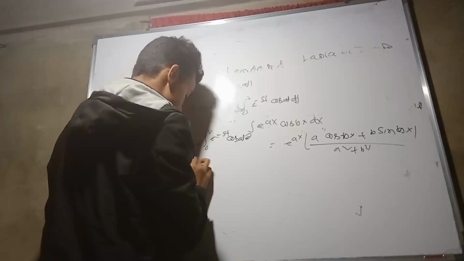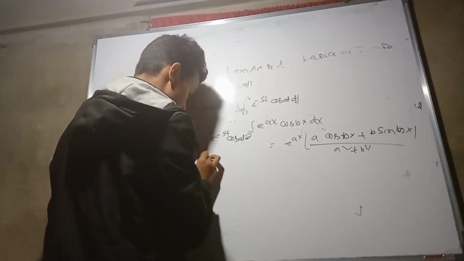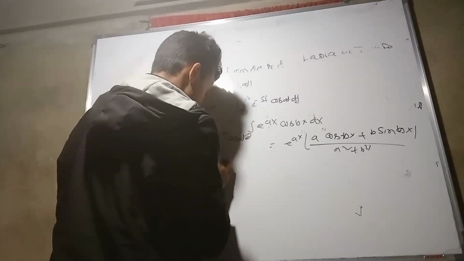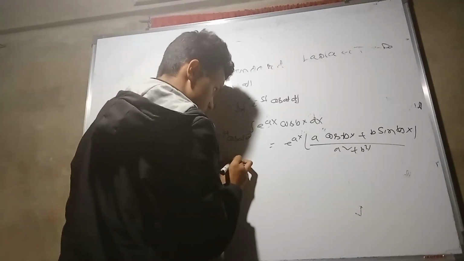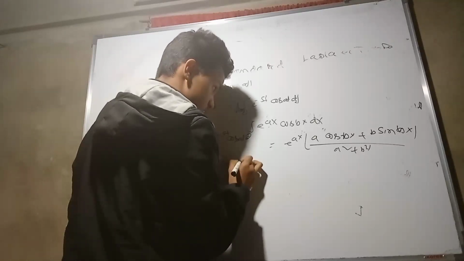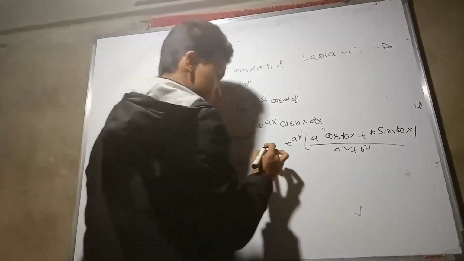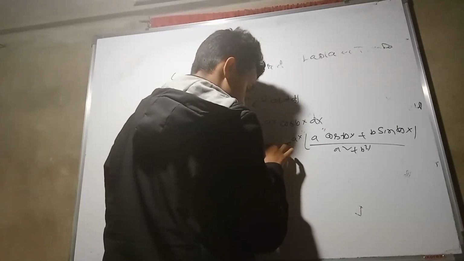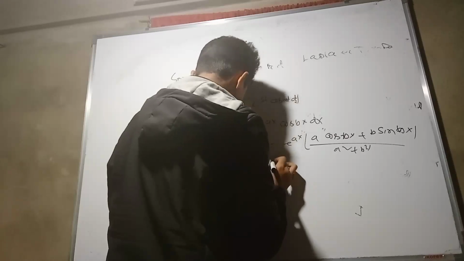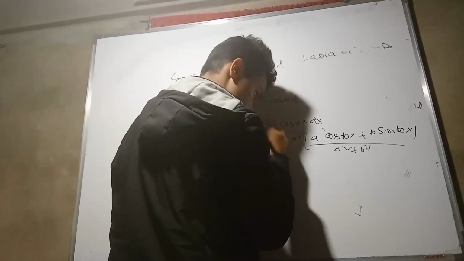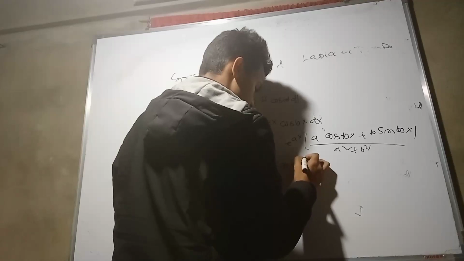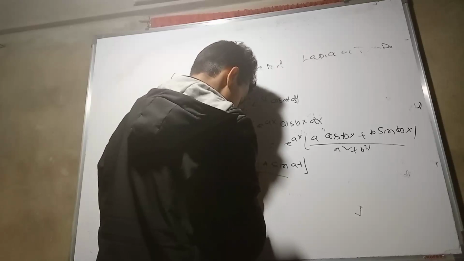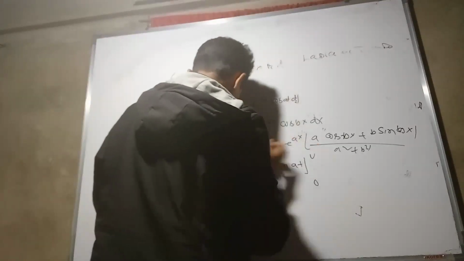That gives us e to the power minus st times (minus s cos at plus a sin at) upon s squared plus a squared, from 0 to b.